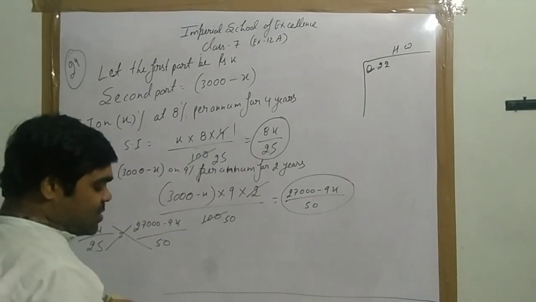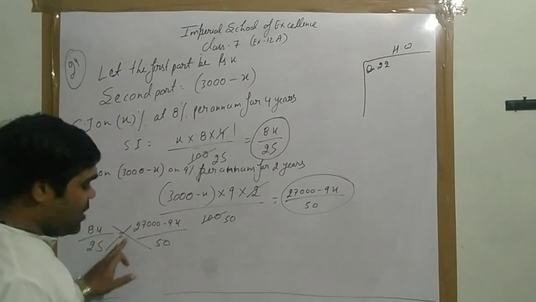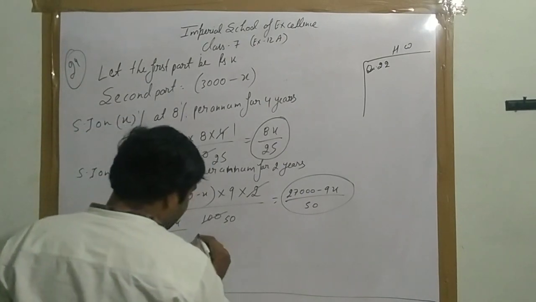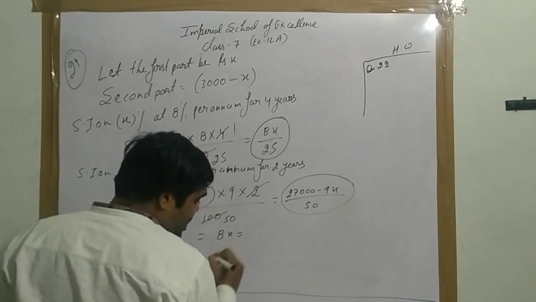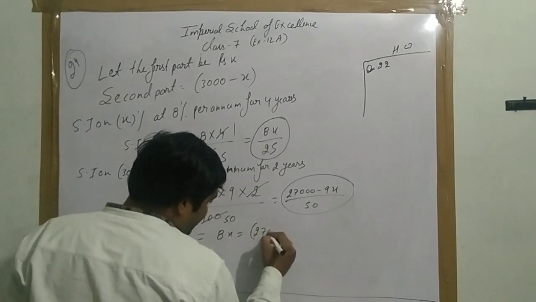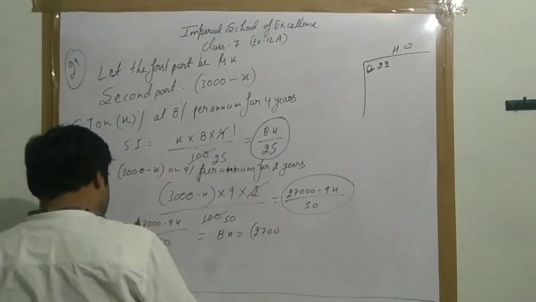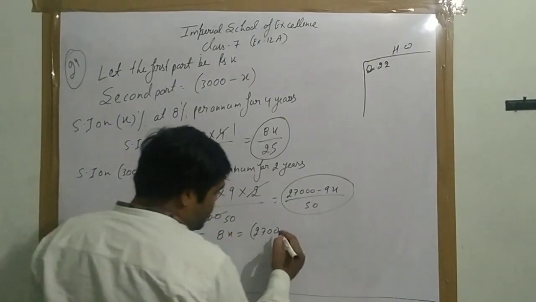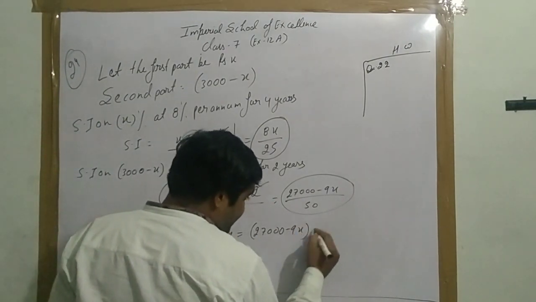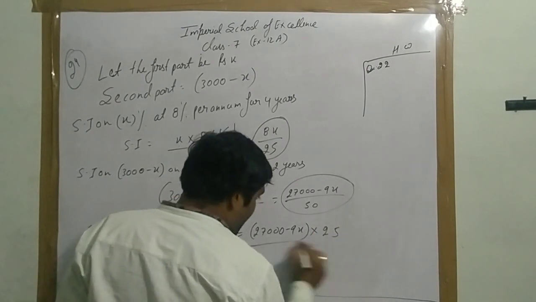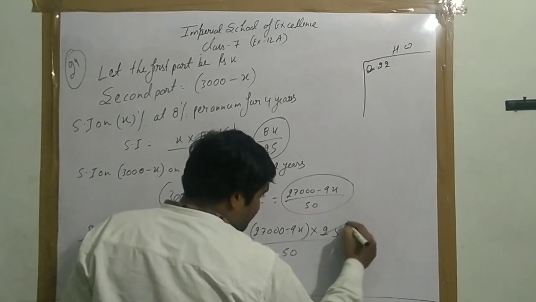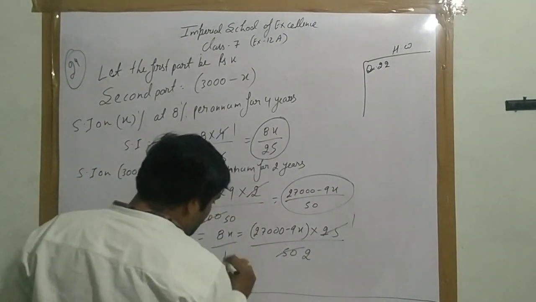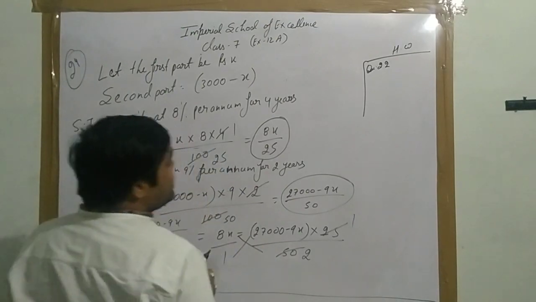After that 8x equals 27,000 minus 9x multiplied by 25 upon 50. Don't multiply here, simply solve this. 25 1s are 25, 25 2s are 50. Now you can do cross multiplication. It will be easier for you.